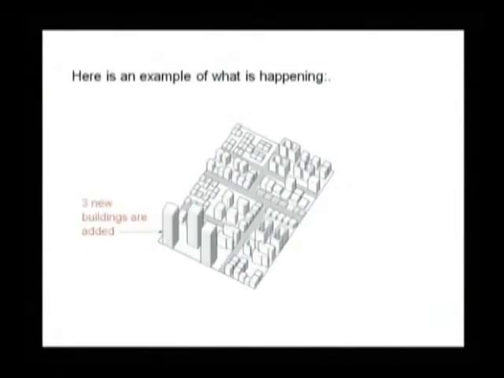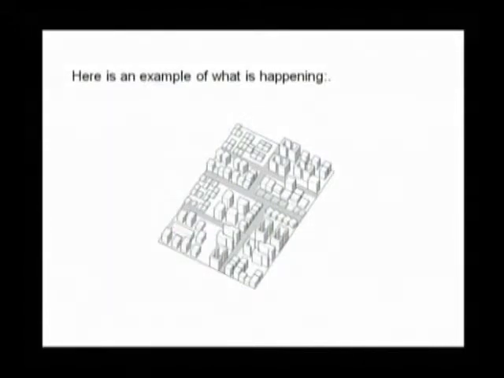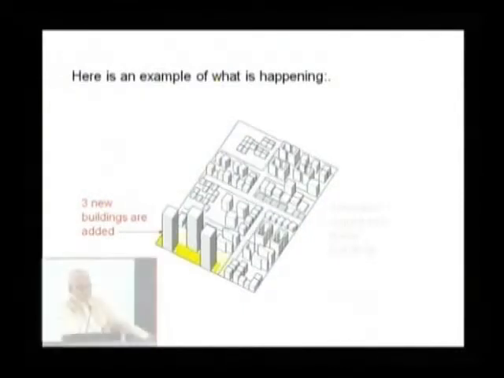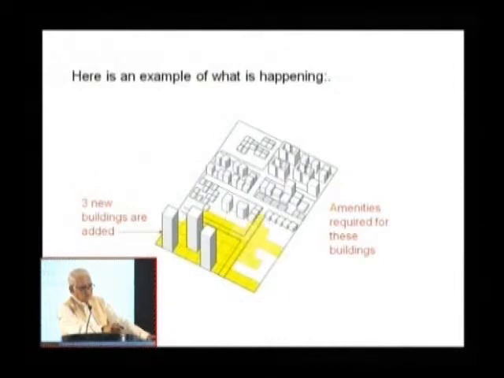Now, I'll tell you what actually happens nowadays. I mean, what is happening to our city. If this is a typical area of the city, and then we add 3 buildings, there they go. And then, of course, with those 3 buildings comes the amenity space which should have been provided.